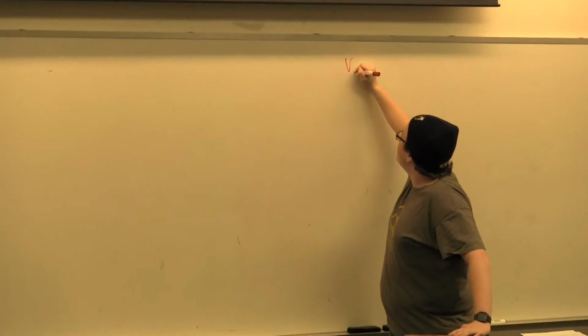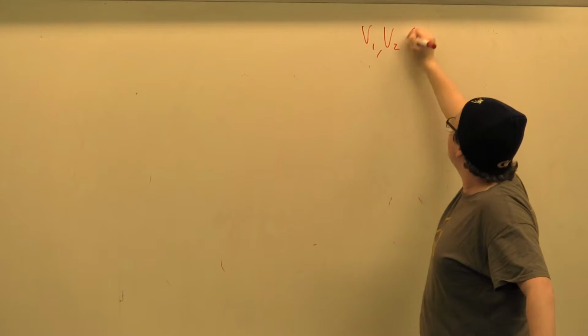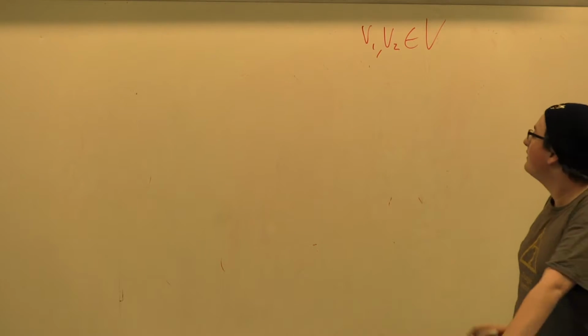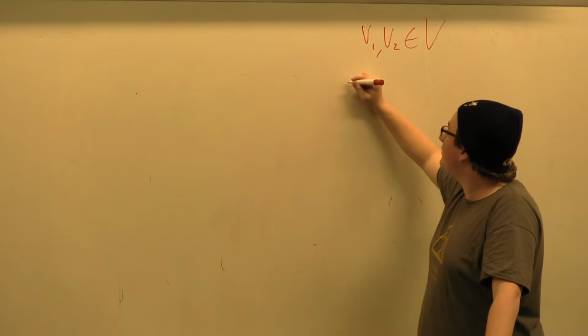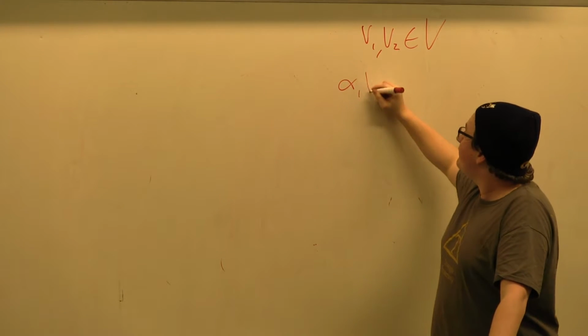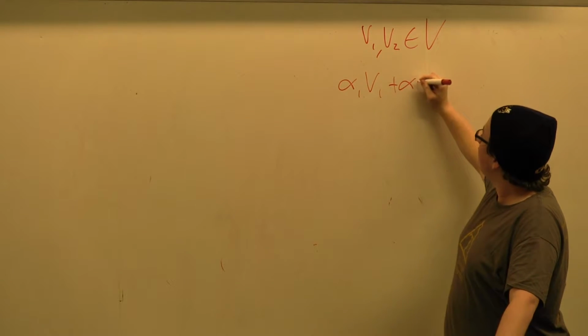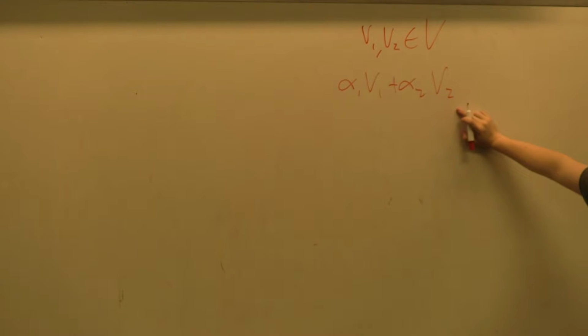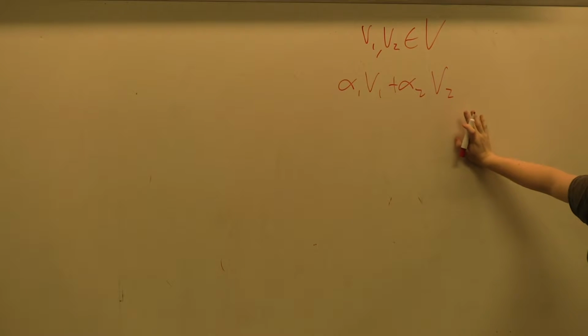If I have v1 and v2 both in a vector space V, the span of these two vectors can be written as alpha1 v1 plus alpha2 v2. Any vector that can be written like this is in the span of v1 and v2.